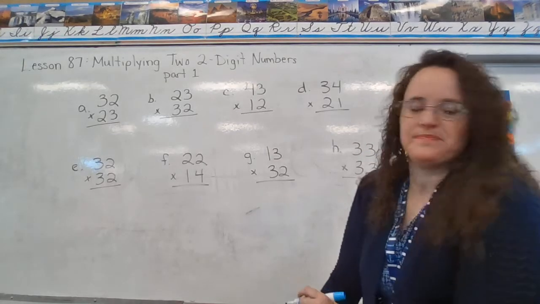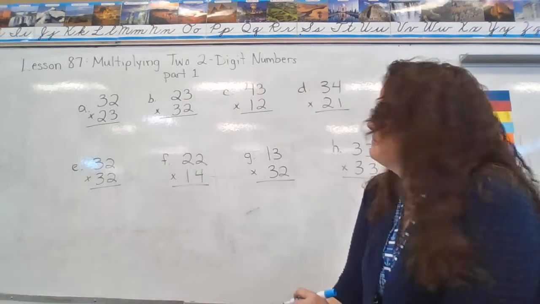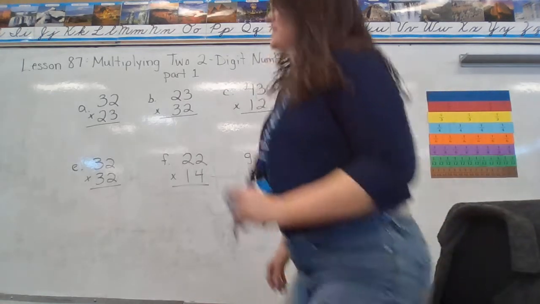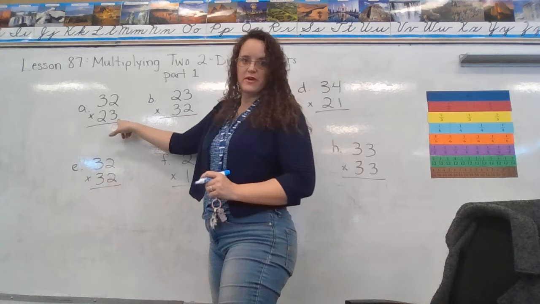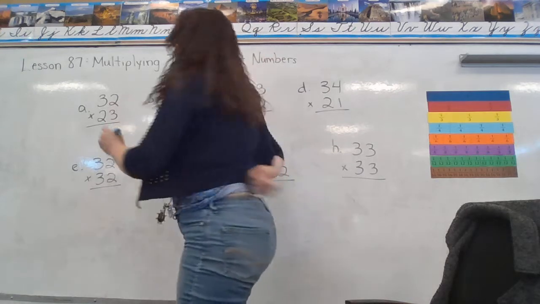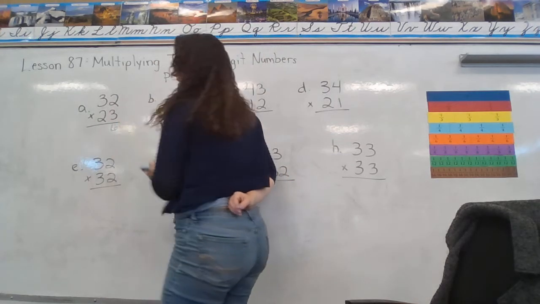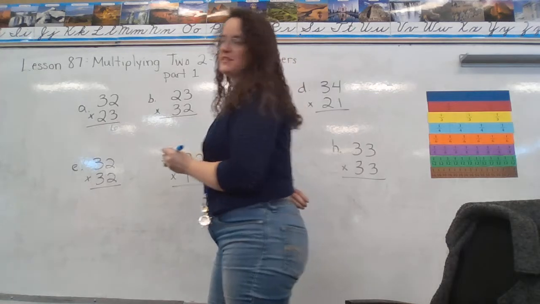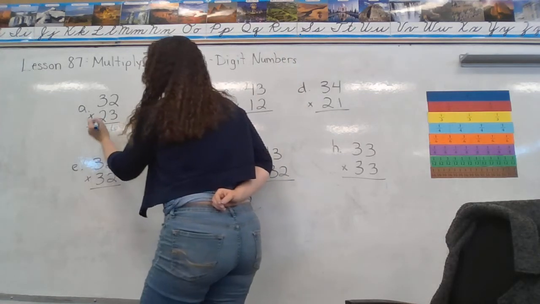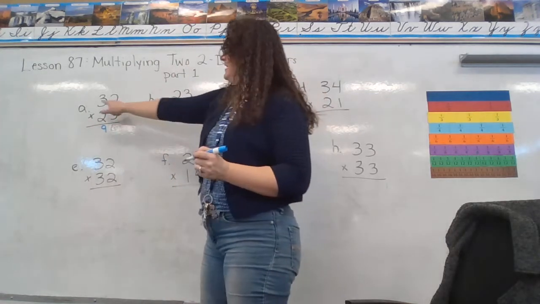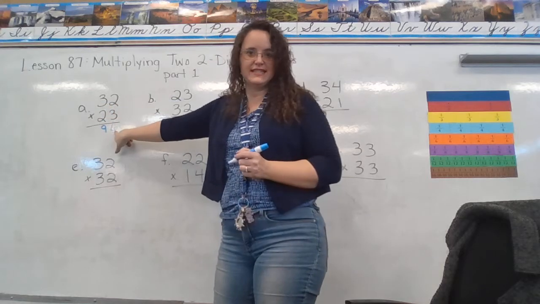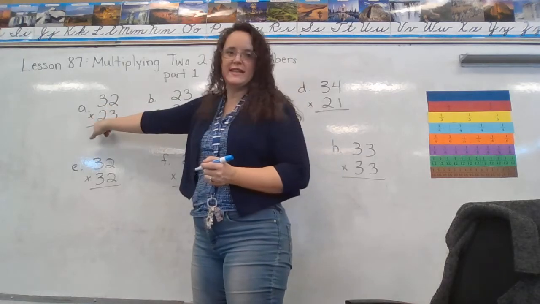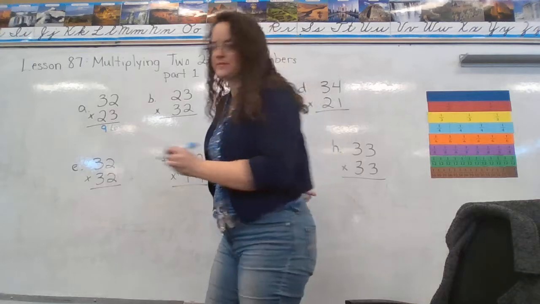So 32 times 23. We're going to start with our ones. 3 times 2 is 6. 3 times 3 is 9. So 3 times 32 is 96. 20 times 32.